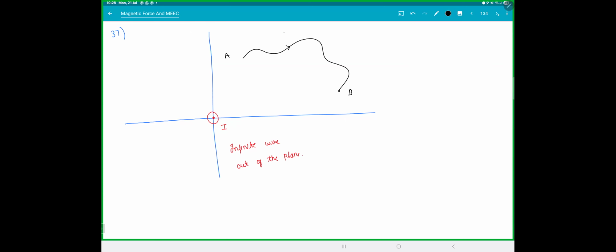This random wire is carrying current I. The wire is in the xy plane, and these coordinates are x2, y2, and these coordinates are x1, y1. We only know the coordinates and the currents. Find the force on the curved wire due to this infinite wire.